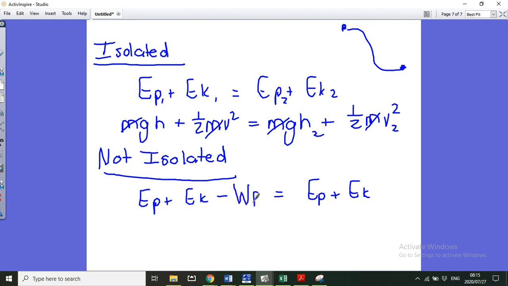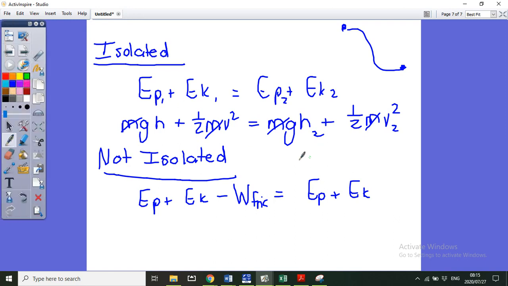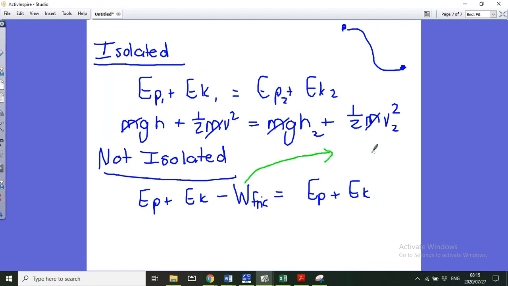So minus work done against friction. And then, super important, please remember that this is still equal: work done by friction is still equal to F friction times the distance. Like I said before, this equation is forgotten way too often. So to get the work done, you just say the frictional force times the distance.